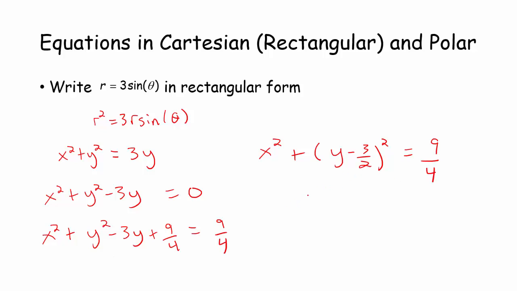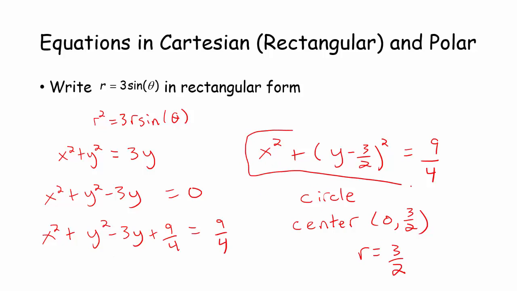So what is this? This is a circle. Where's the center? The center is at 0, 3/2, and the radius is 3/2. Nice. So right there is the Cartesian or rectangular form of this polar equation.